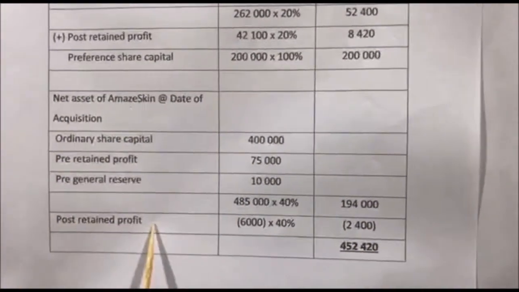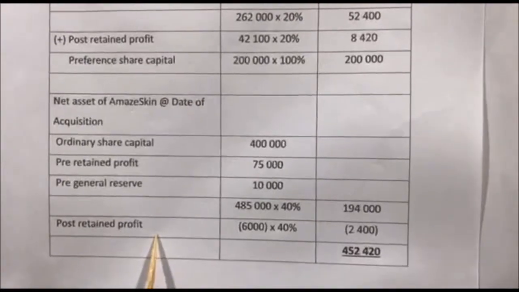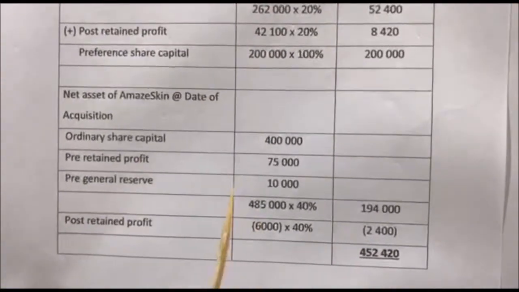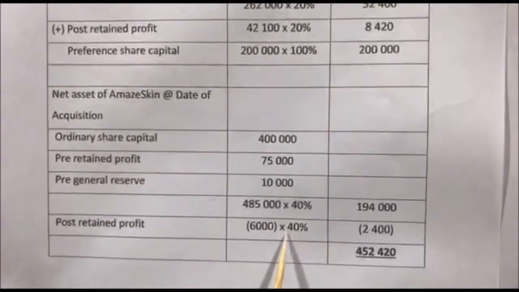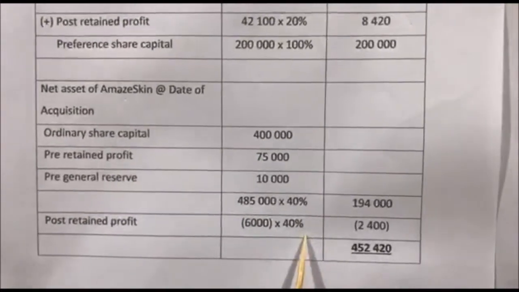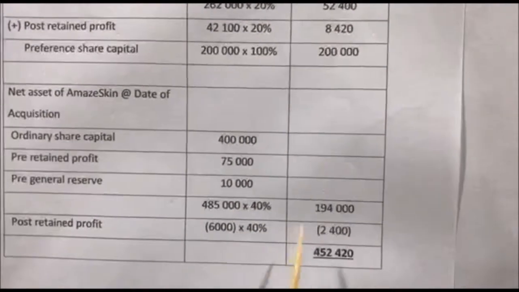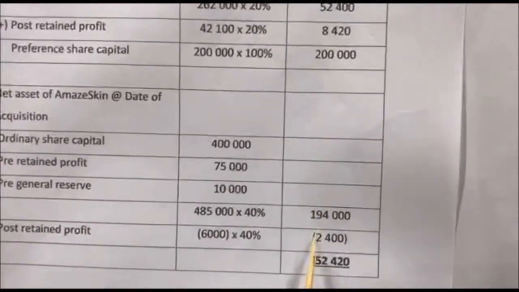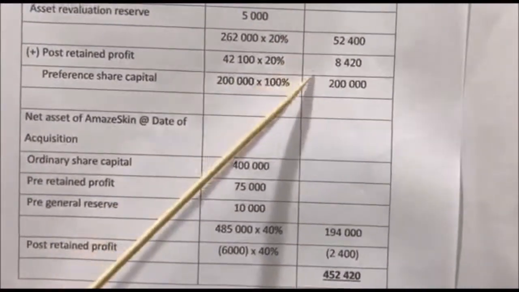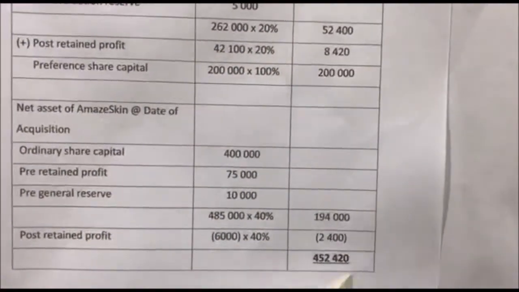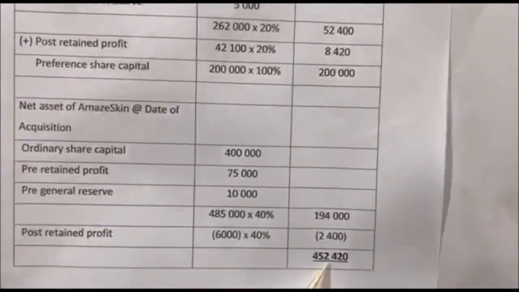The post-retained profit from the previous calculation, with the loss of 6 million, will be apportioned according to the percentage of control of NCI, which is 40%, that will result in the loss of 2.4 million. The total will amount up to 452.42 million.